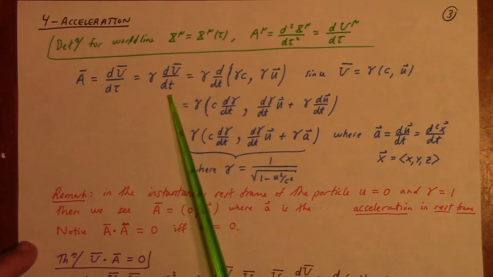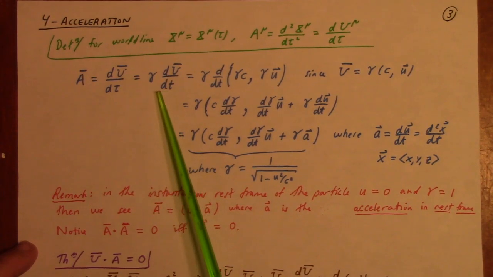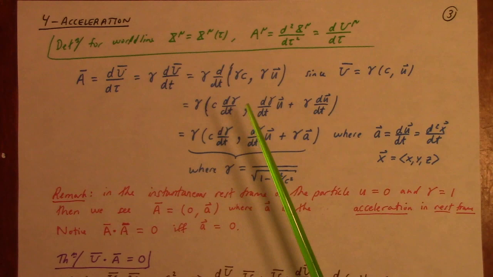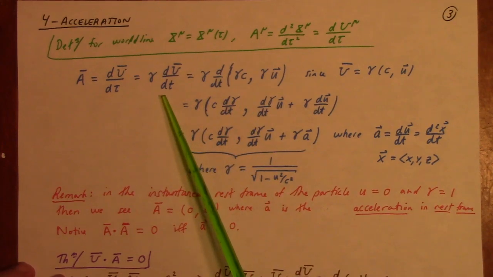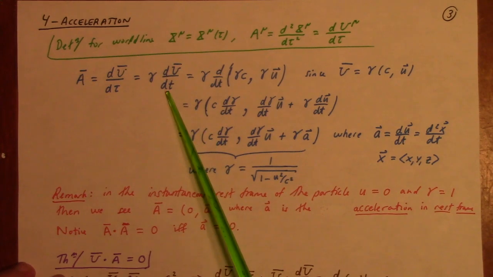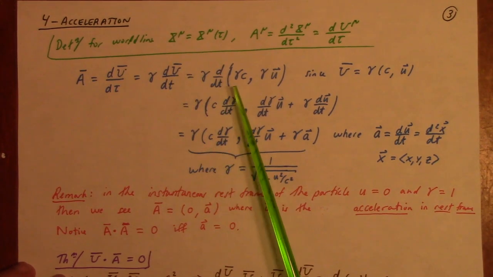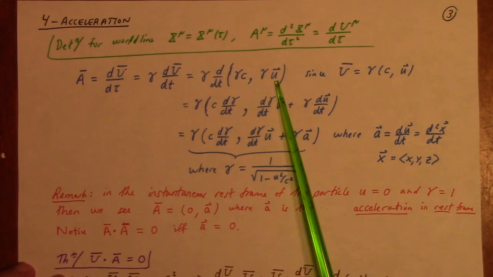It's just an arbitrary frame that we're measuring the velocity of this particle in. And anyway, so we have gamma d u bar dt, where u bar is gamma c, gamma u.